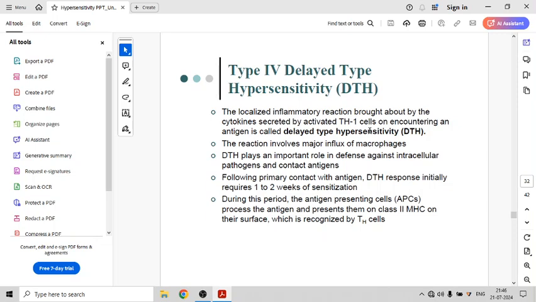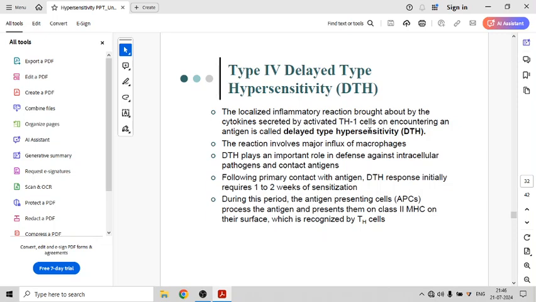So as soon as the antigen enters the skin surface deep within the cutaneous area, the antigen presenting cells like macrophages and Langerhans cells will process the antigen, and the processed antigen will be presented to Th1 cells on the class 2 MHC.